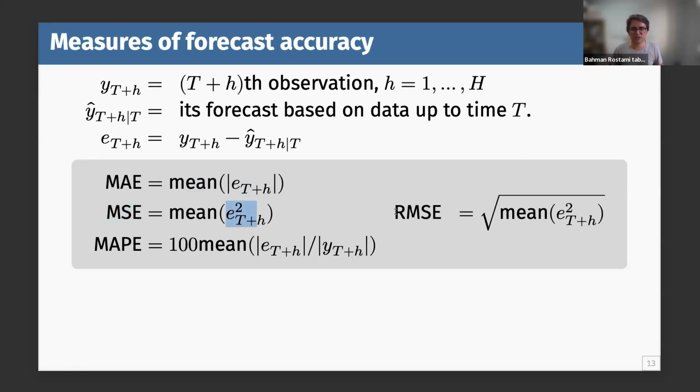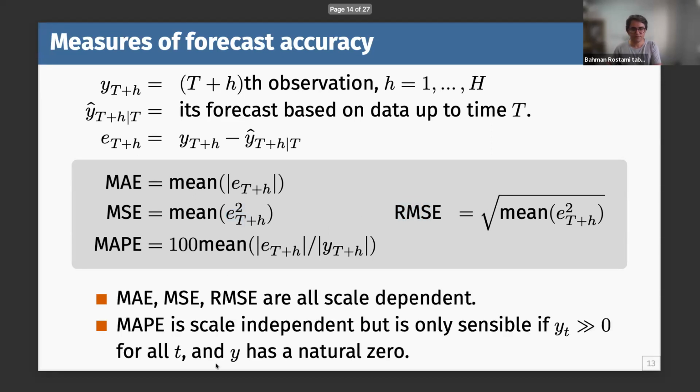If you are interested in the root mean square error, you take the square root of it. And then you can also have a scale independent measure, like mean absolute percentage error, where you take the absolute value of the error, divide it by the absolute value of the actual, take the mean, and multiply it by 100.